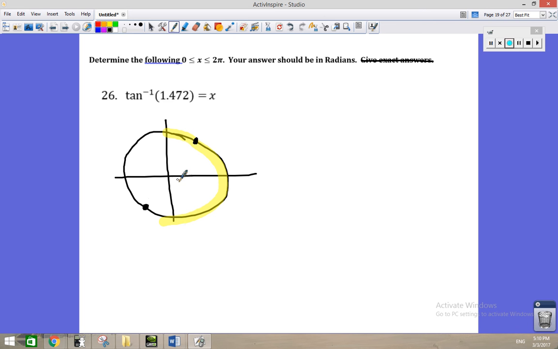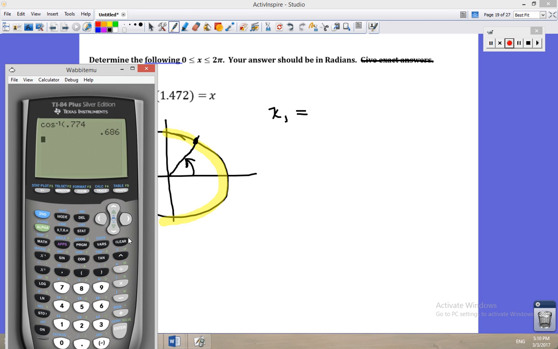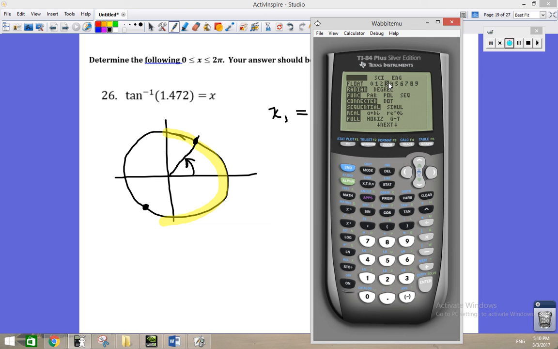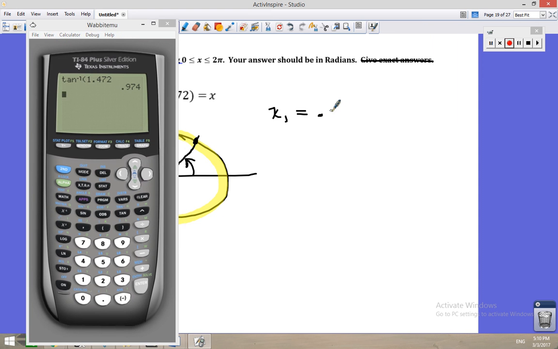So when I use my calculator, it's going to give me this angle. So let's go get it. We're in radians and we're rounding to 3 decimals, and the inverse tangent of 1.472 is 0.974 radians.